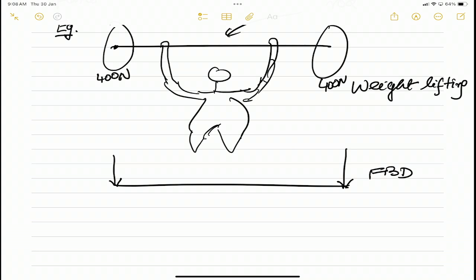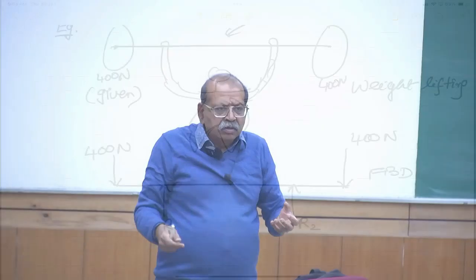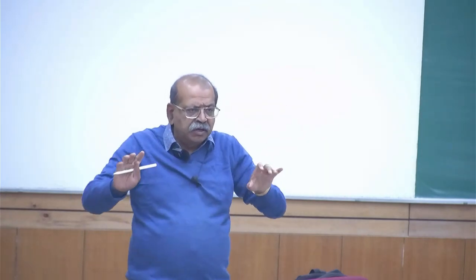So the two weights, whatever the weights are, this weight will come and we will have R1 and R2. This 400 newtons on the two ends is given to you. Okay. So that means basically the person is lifting about an 80 kg weight, 40 kg on each side. So that makes it 80 kg.